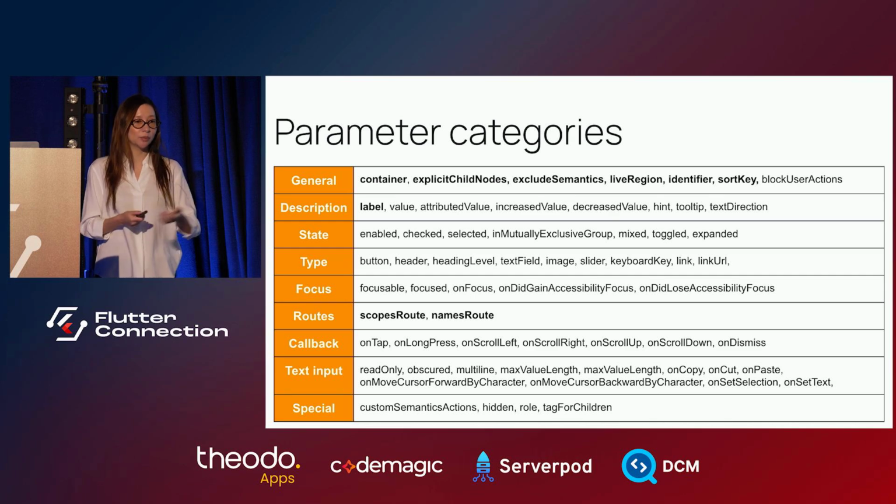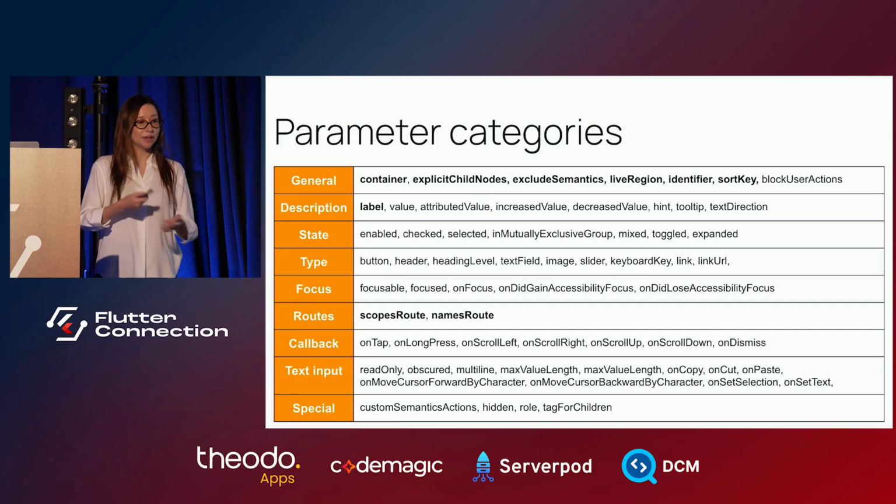We have descriptive parameters like labels, where you give some description, and parameters for states, where you say that something is enabled or checked or selected. You can also give a type for very custom widgets, like a button, a text field, or an image. Then about focus, whether something is focusable or has focus, or what should happen when this widget gets focus.